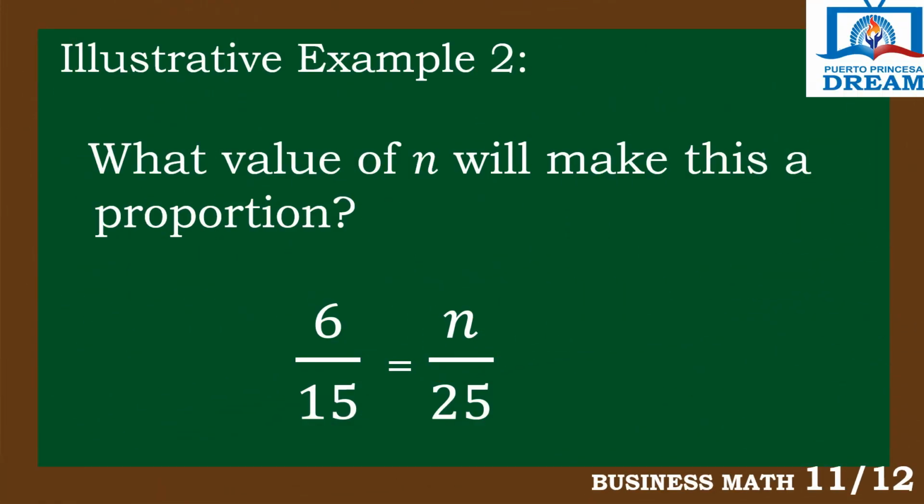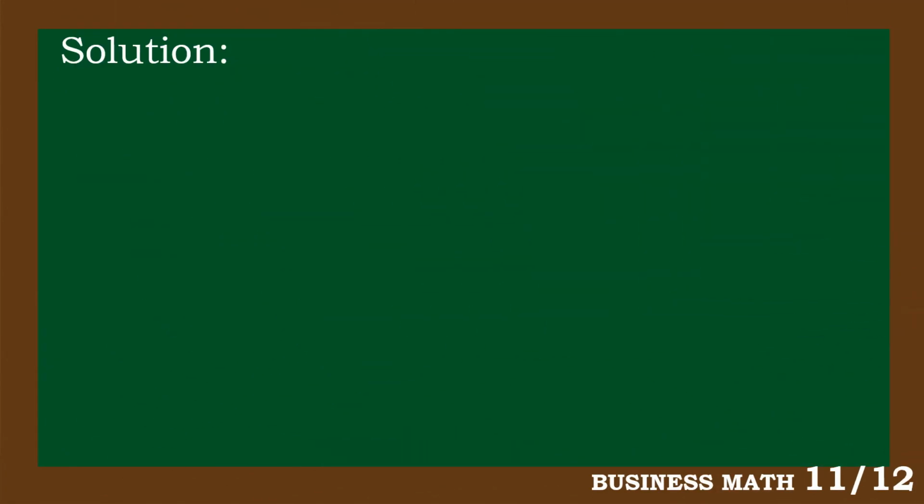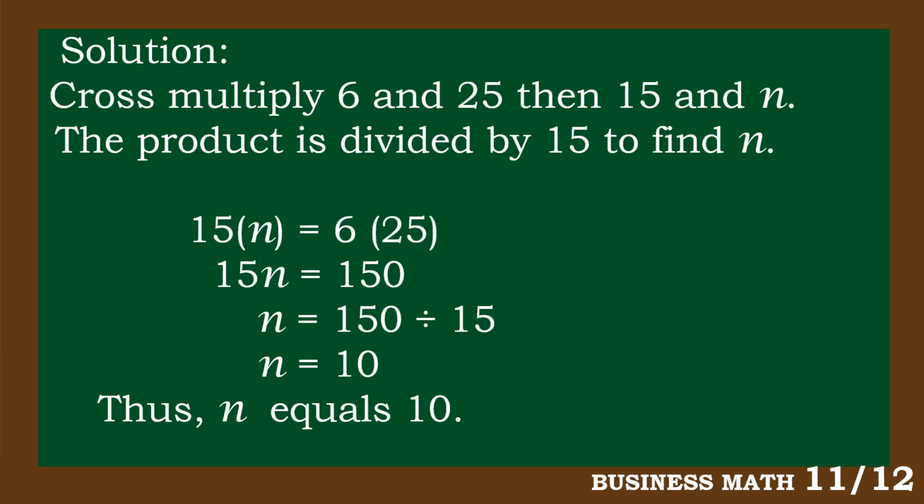Illustrative example number 2. What value of n will make this a proportion? 6 over 15 is equal to n over 25. So this is our solution. We cross multiply 6 and 25, then 15 and n.